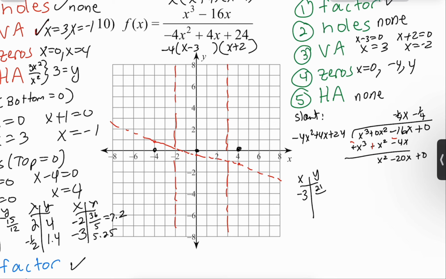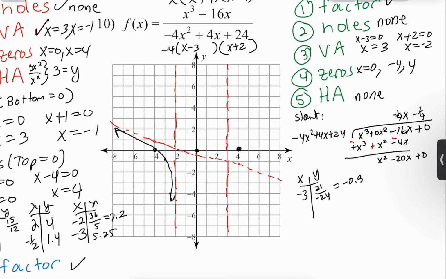And then if I plug negative 3 in the bottom, I get negative 24. 21 divided by negative 24 is, well, let's round it, negative 0.9. So when I plugged in negative 3, I got just before negative 1. So we're following that asymptote here. Now the middle doesn't have to follow anything, so it might just do its own thing.